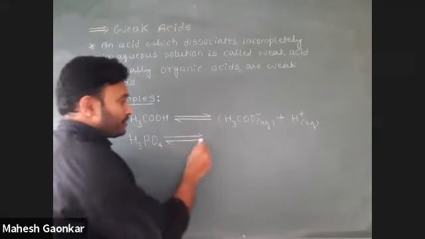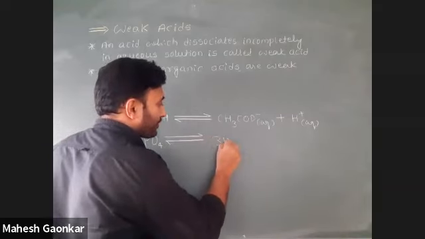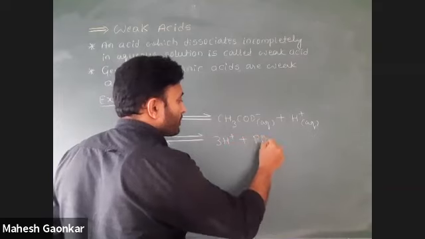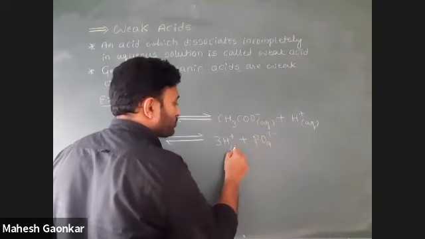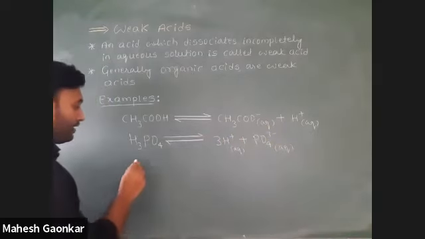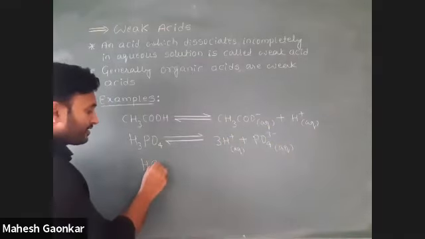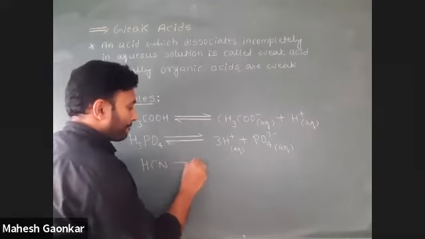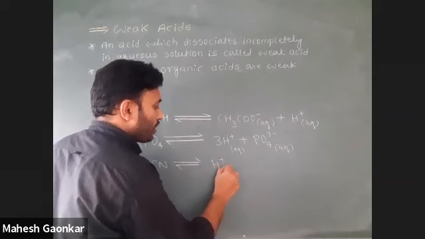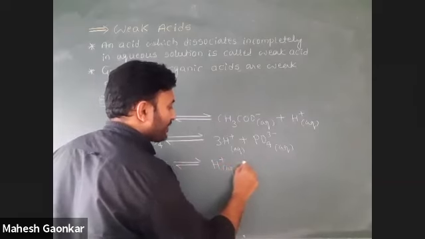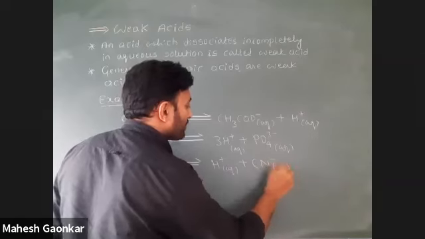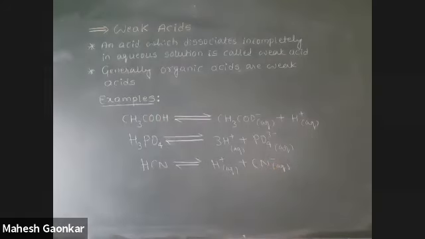Phosphoric acid, H3PO4, gives 3H plus and PO4 3 minus. And hydrogen cyanide, HCN, also ionizes partially into H plus and CN minus.